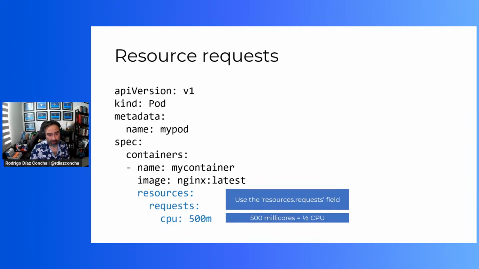So for instance, in this code that I have here on the screen, this is a pod. This is a manifest, just a regular manifest file. And inside the container specification, you can add the resources that you want to use for that particular container, right?